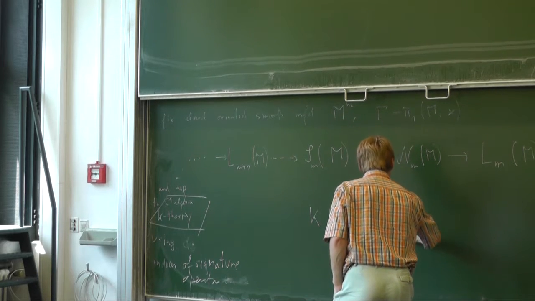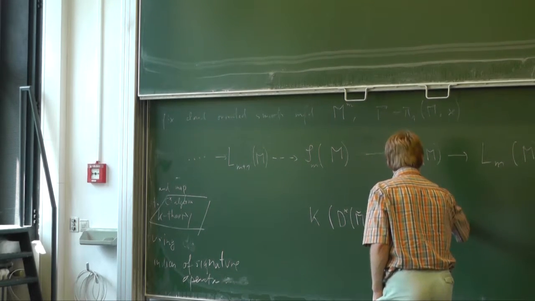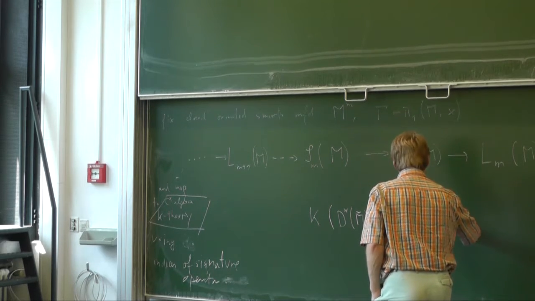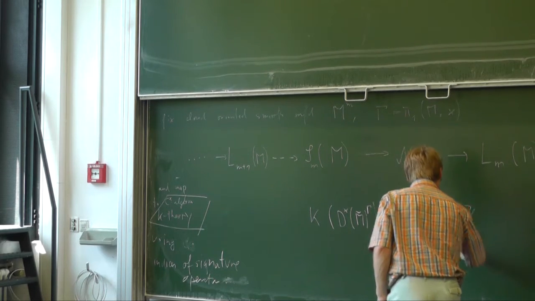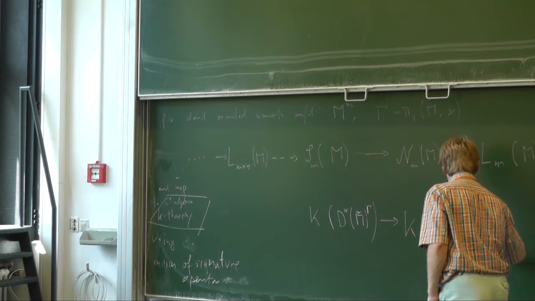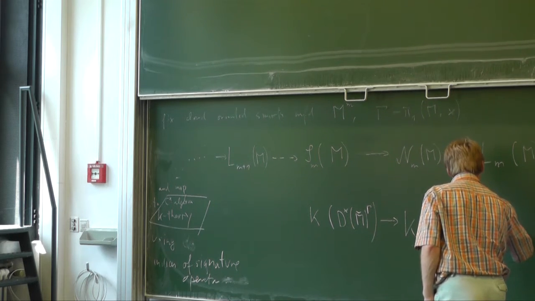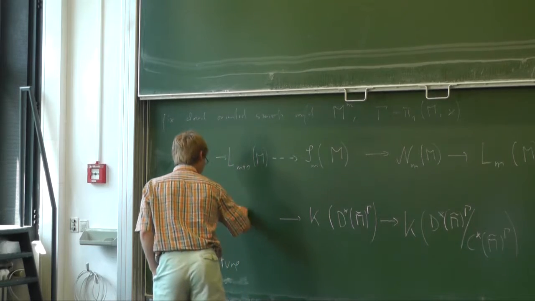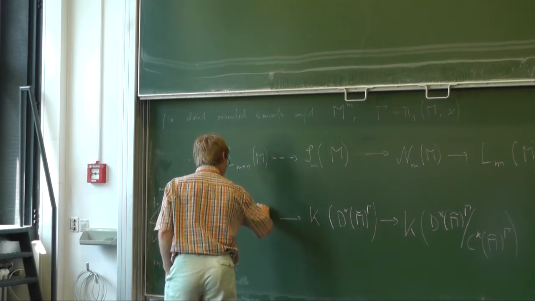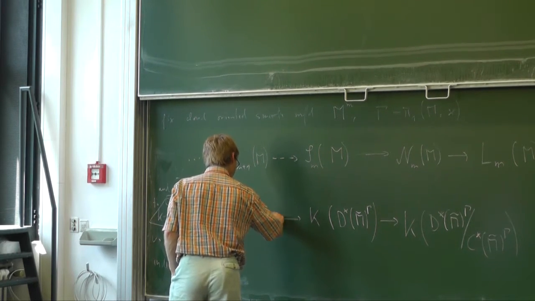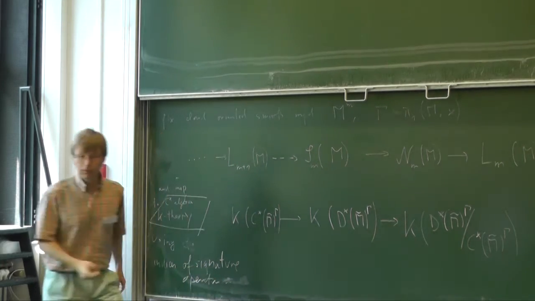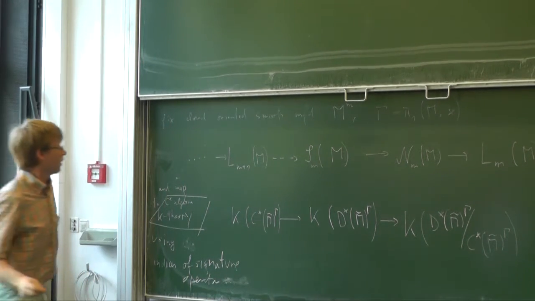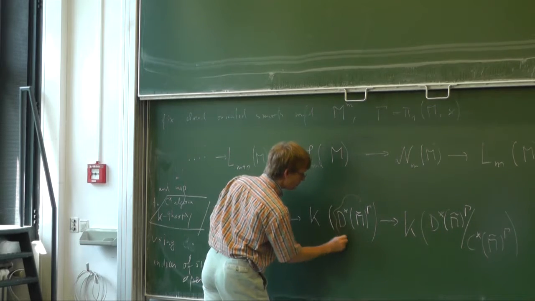Here we have the K-theory of D star of M modulo the ideal C star of M. And here we have the K-theory of C star. So I have later on to explain these algebras, of course.